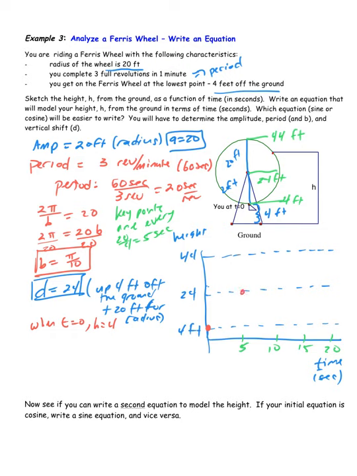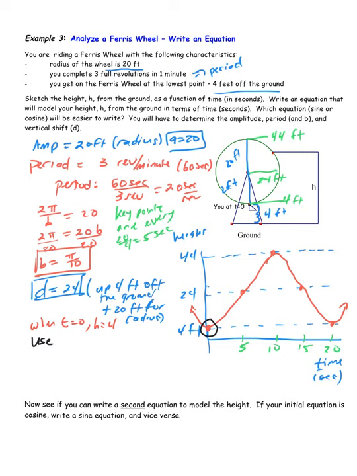So at 5, we'll be at the midline, which is 24. When t is 10, we'll be at a maximum, which is 44. When t is 15, we'll be back at the midline. And when t is 20, we'll be back at the bottom. So if we were to sketch this graph, it looks like that. And for this function, I think it's easier to write a cosine equation because we have a minimum point when t equals 0.